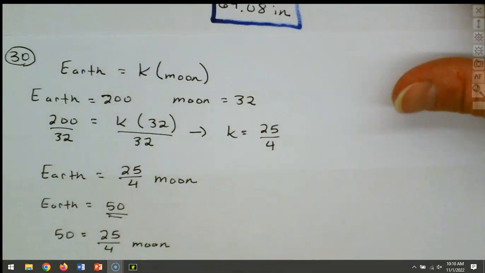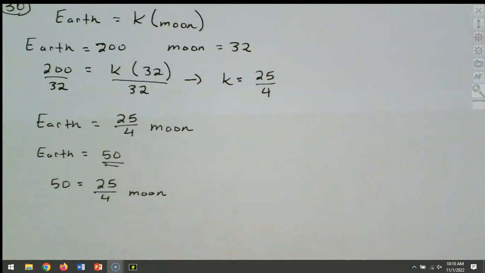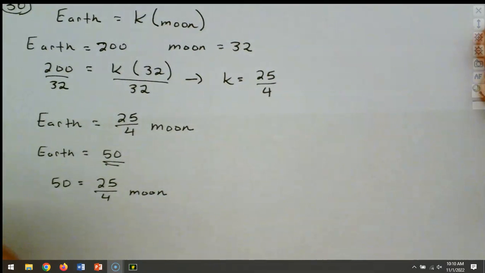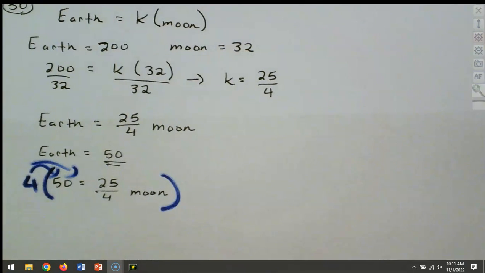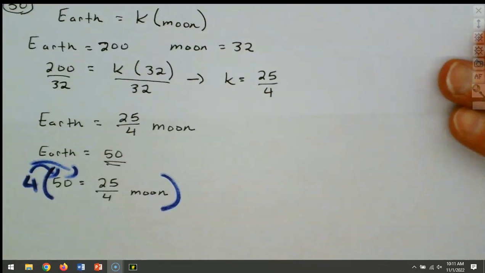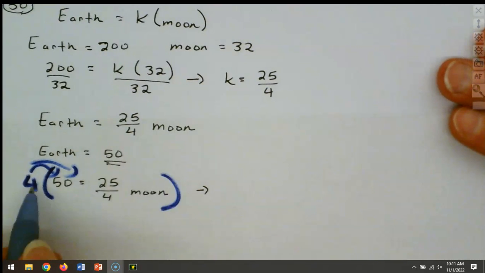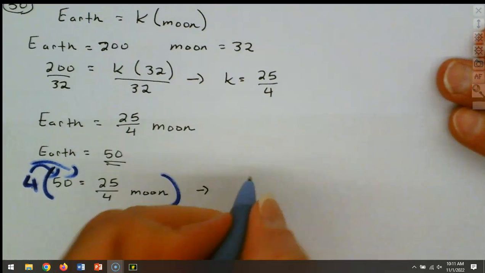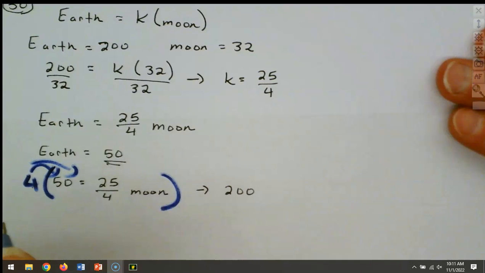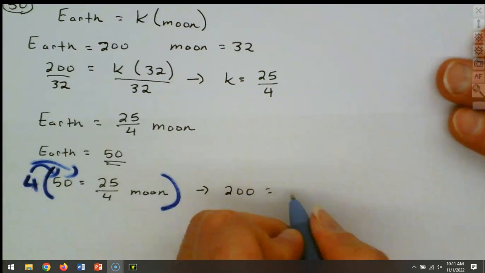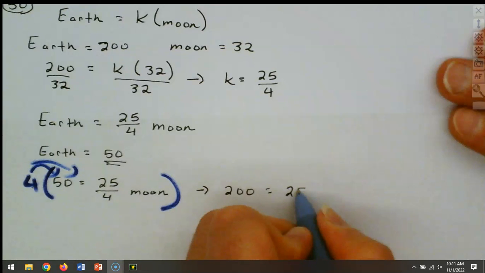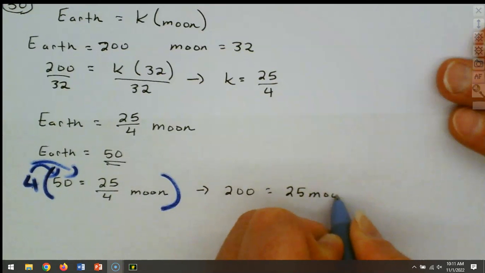And we can easily solve this just by multiplying by that 4. That's going to clear that out. Cross multiply either way. We'll just multiply it all by 4. That'll clear that out. And what does that give me then? That gives me 4 times 50. That's going to be now 200. And that equals 25 times the moon.